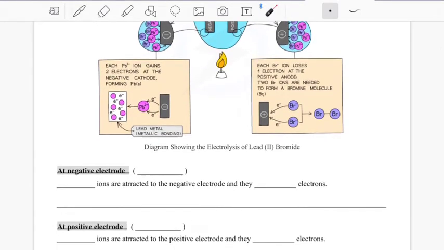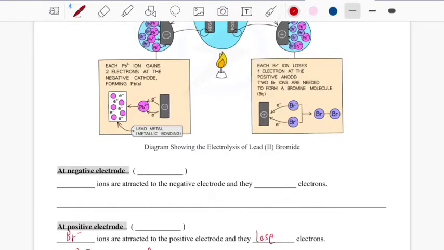So we can fill in the equation for the positive electrode first. At the positive electrode, bromide ions are attracted to it, and they lose electrons. We can write a half equation to represent this reaction. Bromide ion would turn back into bromine.